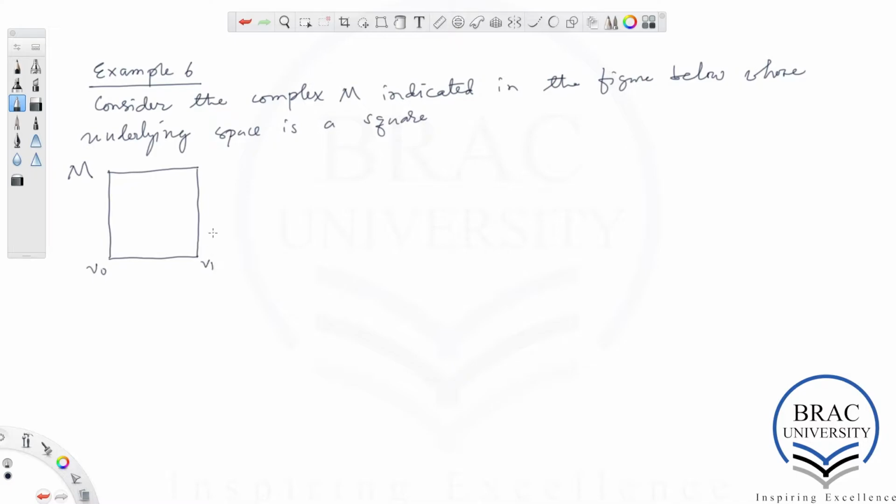V0, V1, V2, V3. These are the vertices, and there are these edges. This one is called E5, this one is called E6, this one is called E7, and this one is called E8.